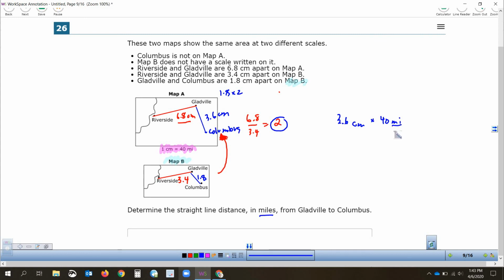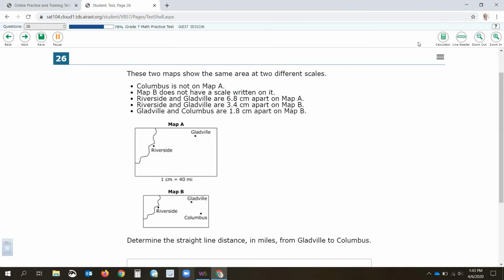And actually what we're multiplying by is miles per centimeter. So then the centimeters would cancel, and that's how we would get miles. All right, so again, we could do 40 times 3.6 by hand, or, since we have a calculator available, we could do it that way.